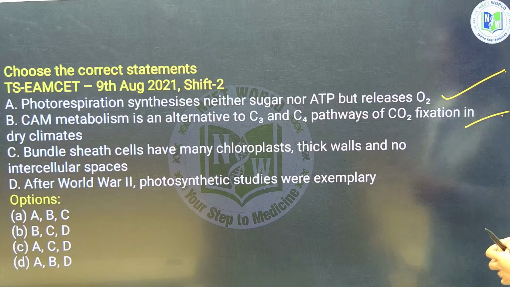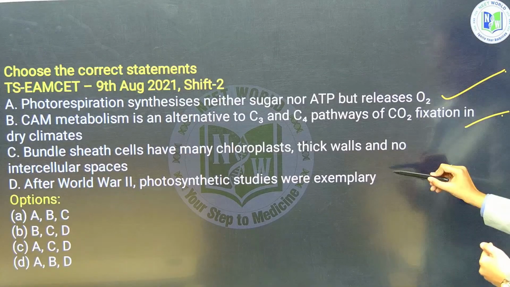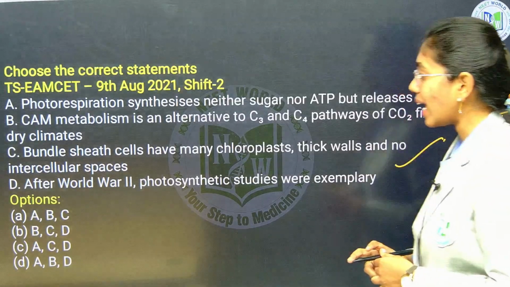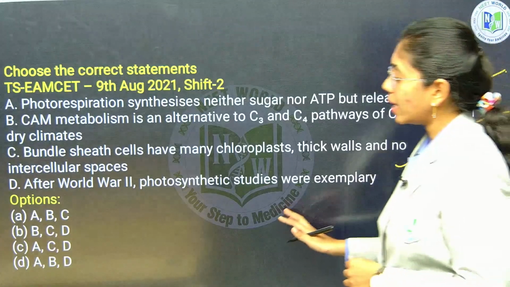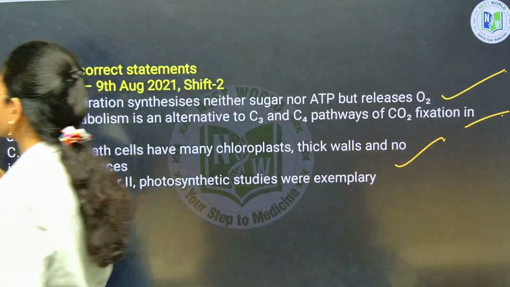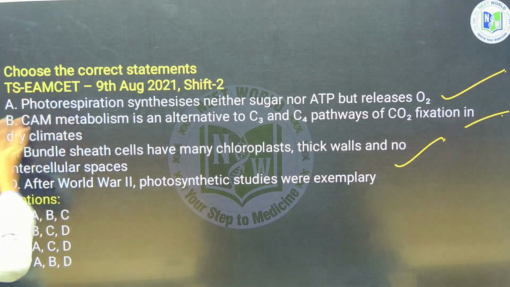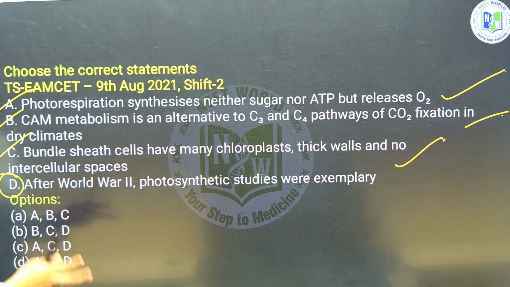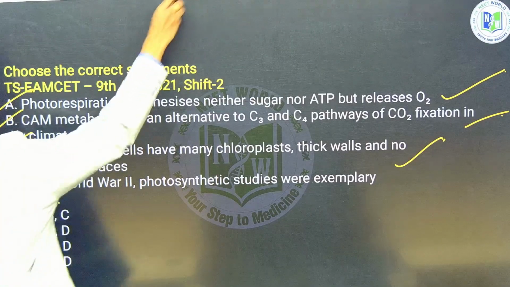Bundle sheath cells have many chloroplastic walls and there are no intercellular spaces. After World War II, photosynthetic studies were exemplary. Yes, but then only dark reactions were studied so far. Fine, right? So here, as the statements are very clear, you can go with A, B, C. D is incomplete, so you cannot go with that. A, B, C are correct. Fine. Next.